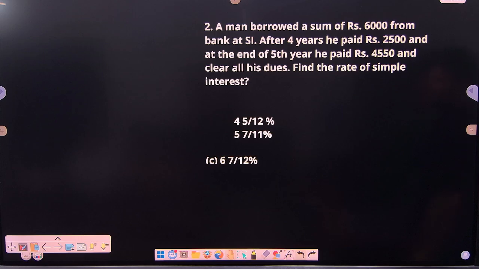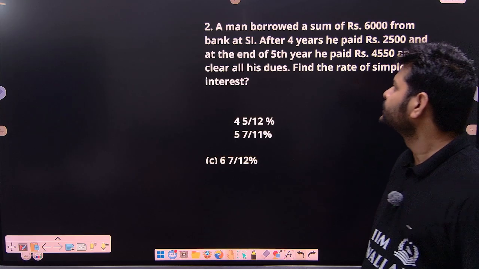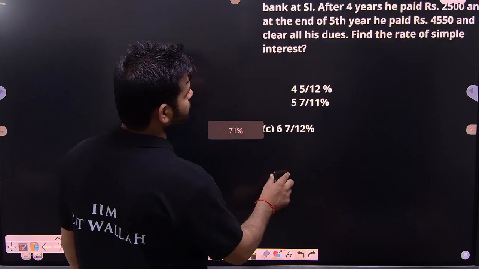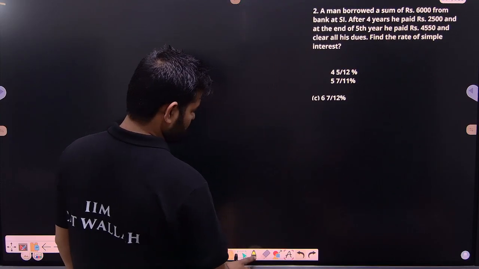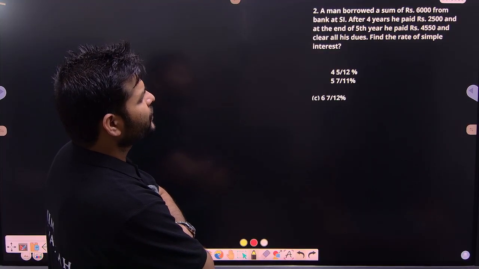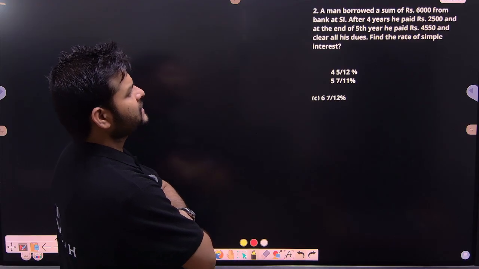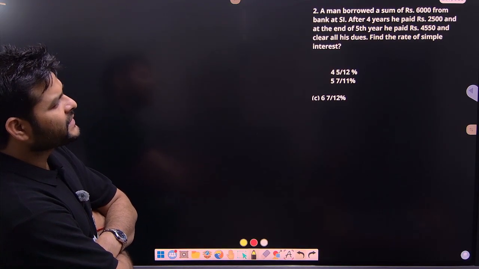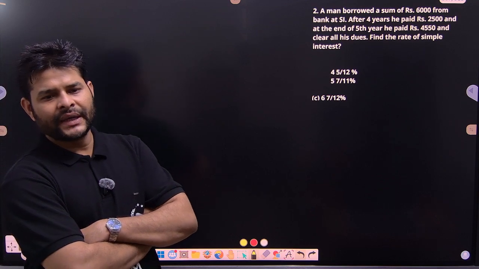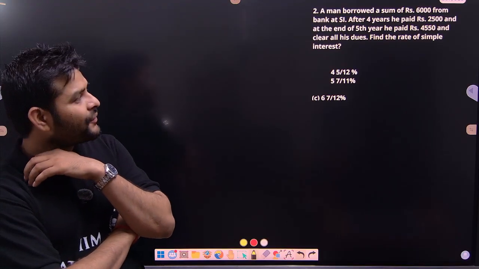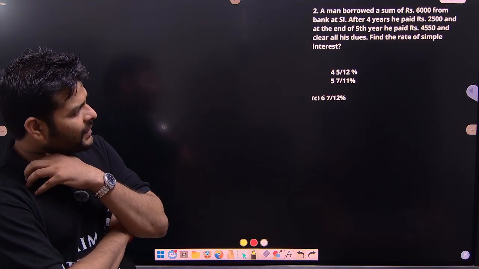The same question, guys, an exact copy. Take a look. A man borrowed a sum of rupees 6,000 from a bank at SI. After 4 years, he paid 2,500.